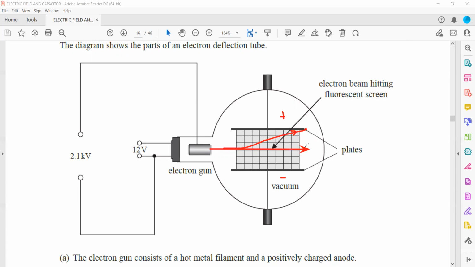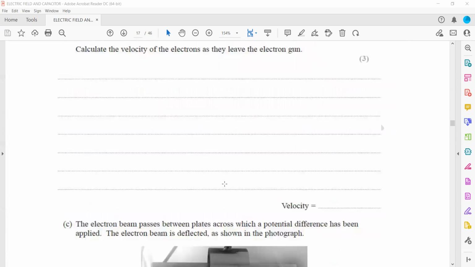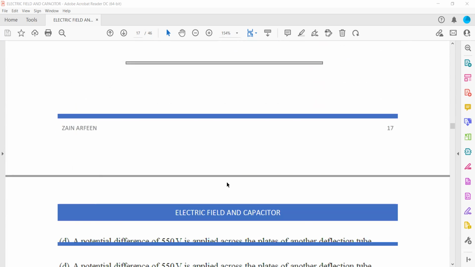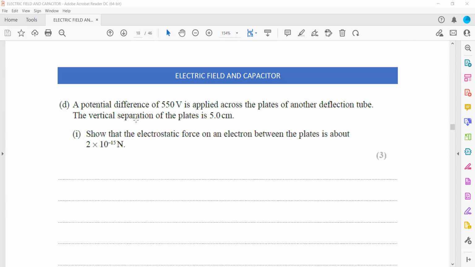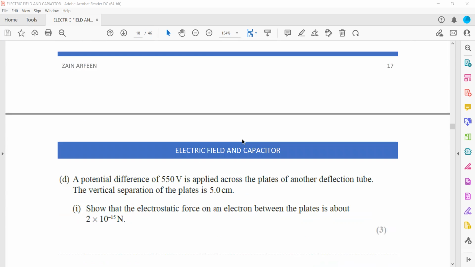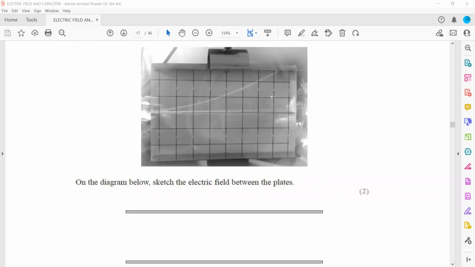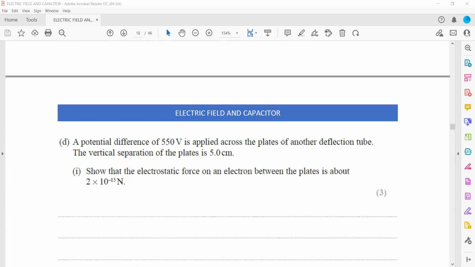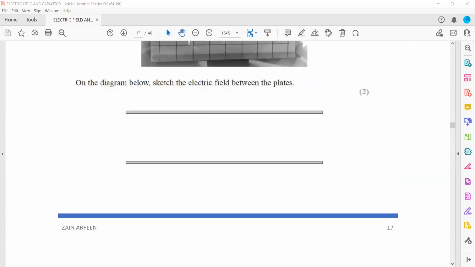The vertical separation of the plates is 5 centimeters, and the voltage between the two plates is 550 volts.